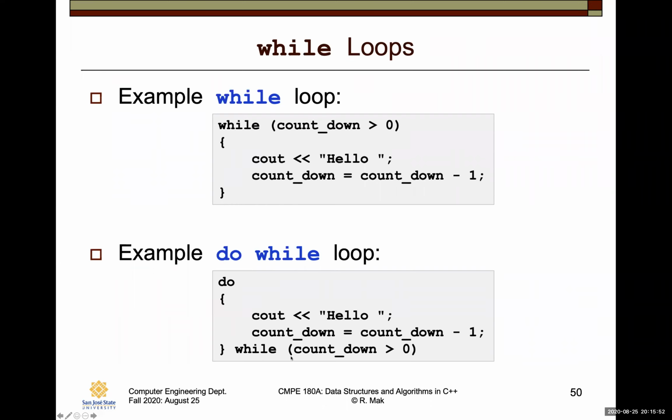The test is at the bottom of the loop, and so you know you're going to execute the loop statements at least once, and then you test to see if you want to execute again. Okay, so here you can either test before the statements, or you can test after the statements. Okay? And again, the syntax is a little bit bizarre.